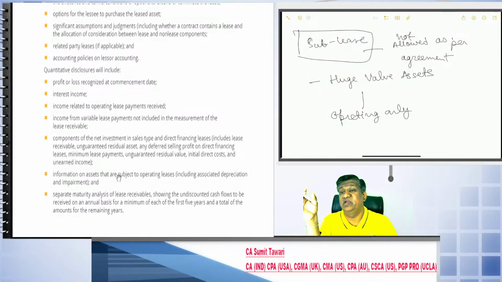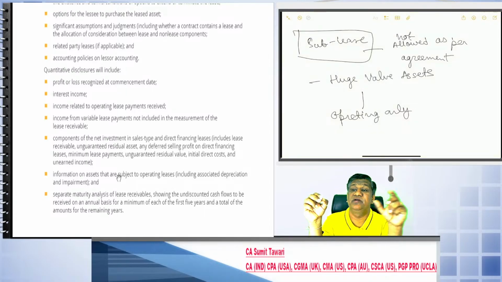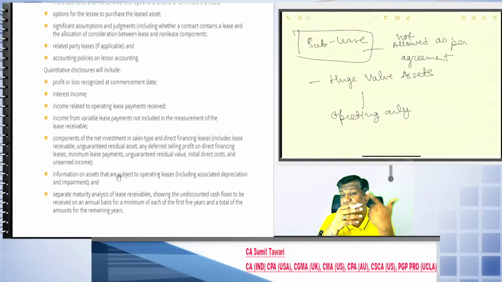So at any point of time that cannot qualify as a finance lease, it is always an operating lease. There is no question of sale and leaseback arising, because sale and leaseback can happen only from the lessee to the main lessor. So even if you sublease it, sale and leaseback cannot be possible; in that scenario only an operating lease is possible.